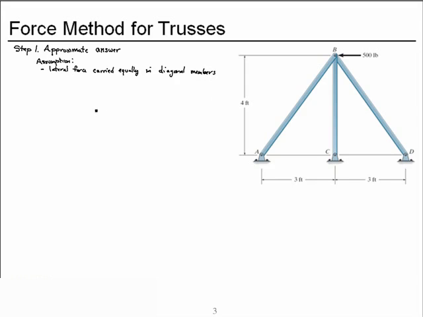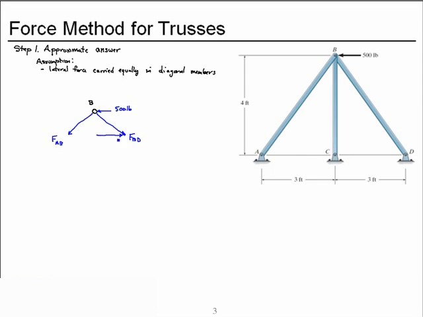If I draw a free body of joint B, what this means is that the 500 pounds applied load will be carried in member BD and member AB in its horizontal components.